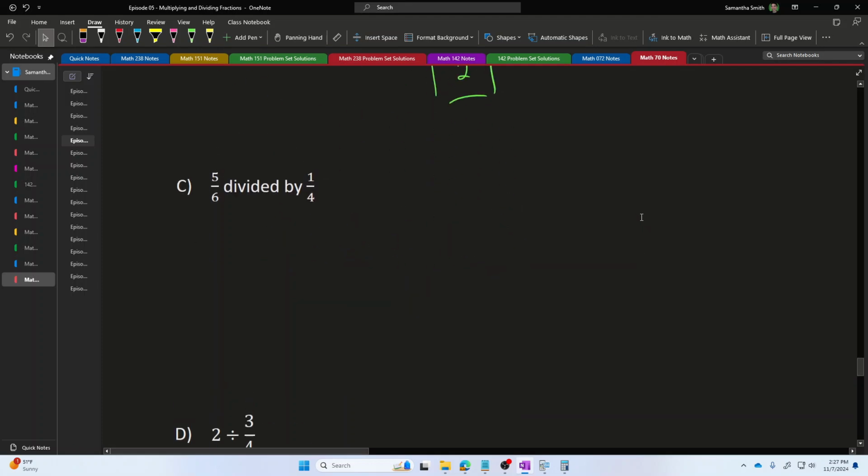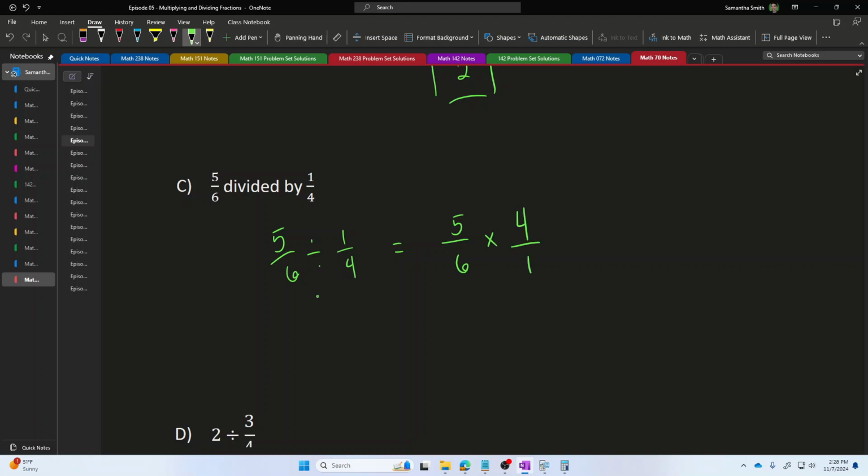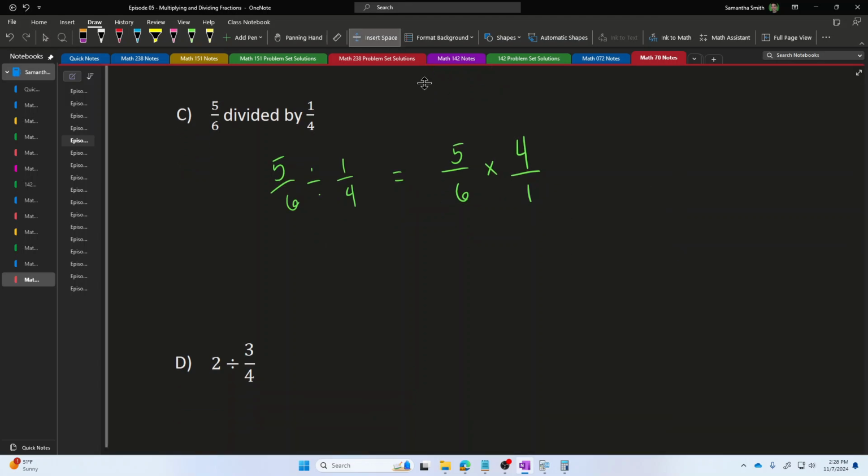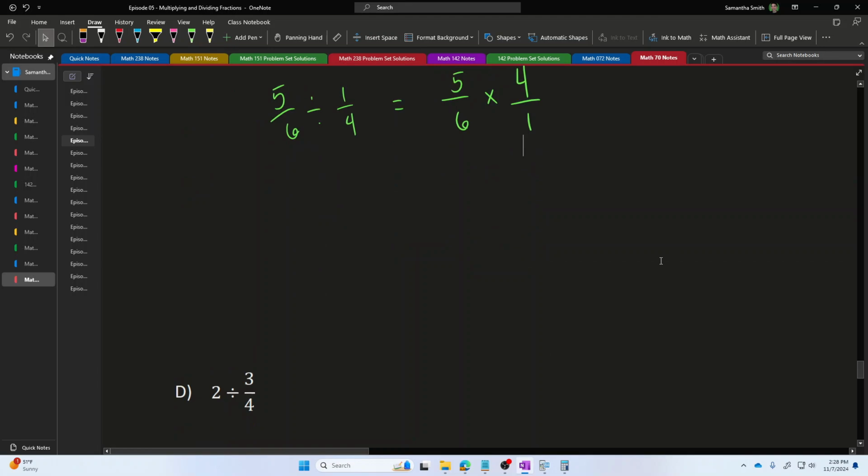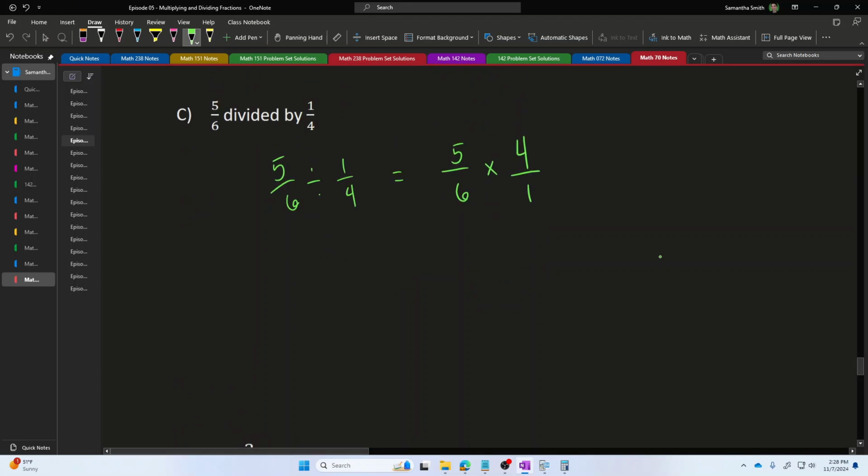Someone says to me, what is 5/6 divided by 1/4? To answer that question, I'm going to keep the first fraction, change the operation, and flip the second fraction upside down. Kentucky Chicken Fried, keep, change, flip. Now I can multiply the two numerators together. 5 times 4 is 20. 6 times 1 is just 6 again.